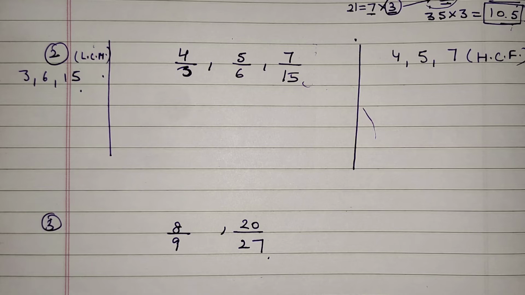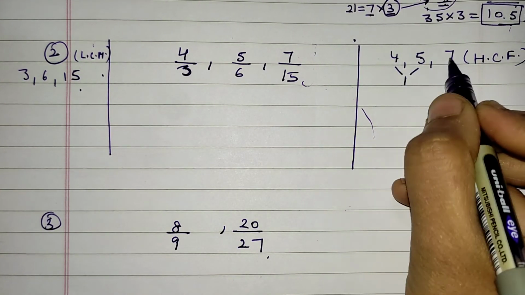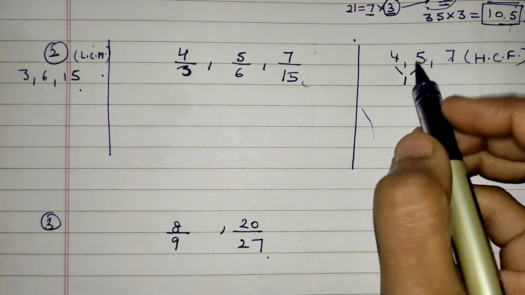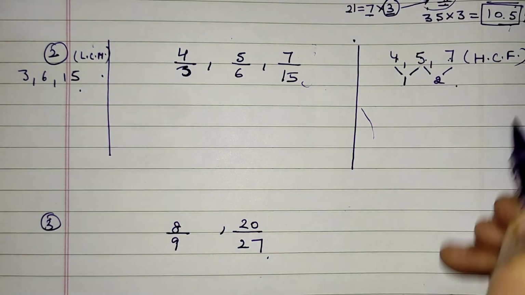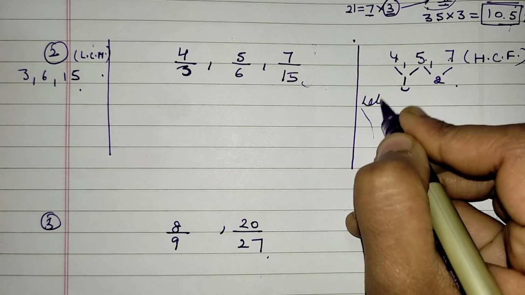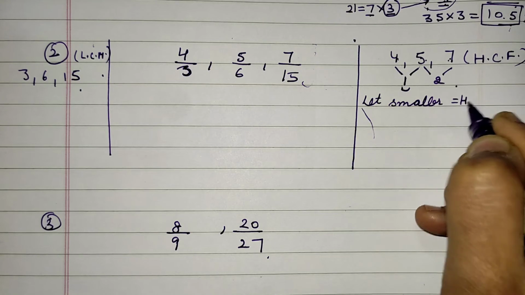So let's start doing it. To find the HCF, first we write down our numbers in ascending order, which they already are. Step number 2 is to take out the difference between these numbers. Whatever is the smaller difference, I will take this number as my HCF.